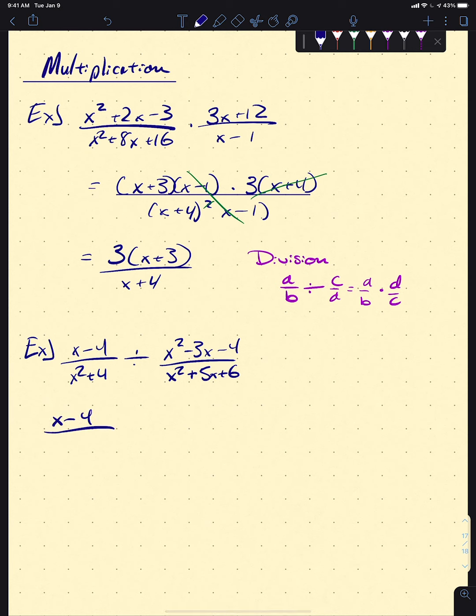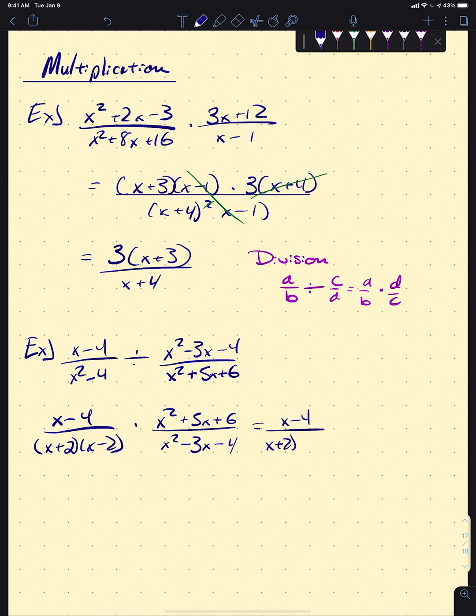We get x minus 4. I can factor this bottom part to x plus 2 and x minus 2 because it's the difference of squares. And I'm going to multiply that by this guy. We get x squared plus 5x plus 6 over x squared minus 3x minus 4.